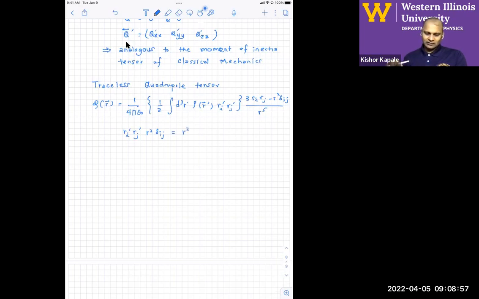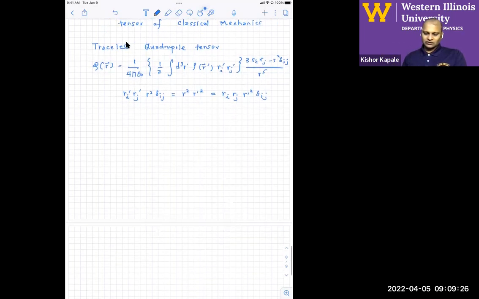When i and j are the same, ri prime, rj prime is going to be summed over, and you get ri squared using the Einstein summation convention, which you can then write down by interchanging the indices, taking them from r prime initially to r. So you can write this as r prime squared delta ij, right? So we're just using that symmetry so that we can simplify that expression.